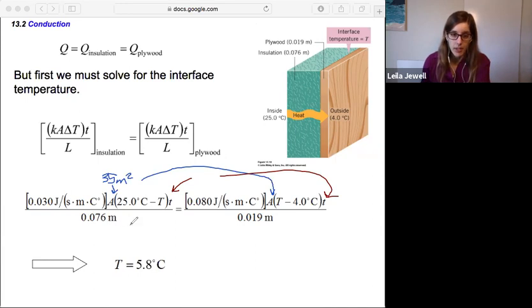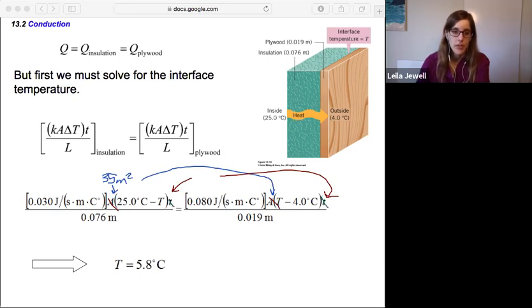And then divided by the thickness of the insulation, 0.076 meters. Similarly for the plywood, we have its thermal conductivity, 0.08, divided by its thickness, 0.019 meters. And as I mentioned, the areas are going to cancel out, and we can also divide out the times.